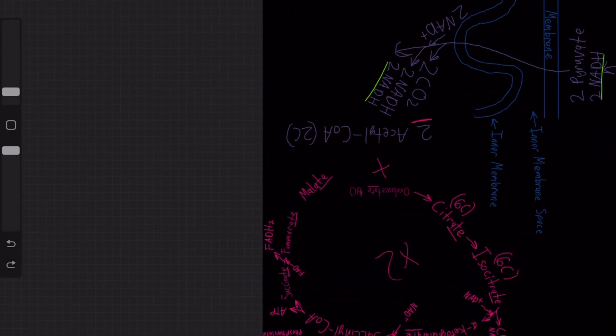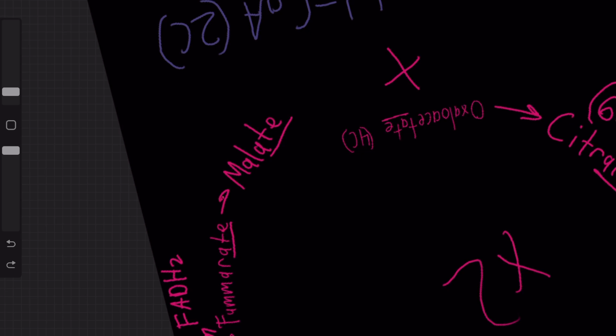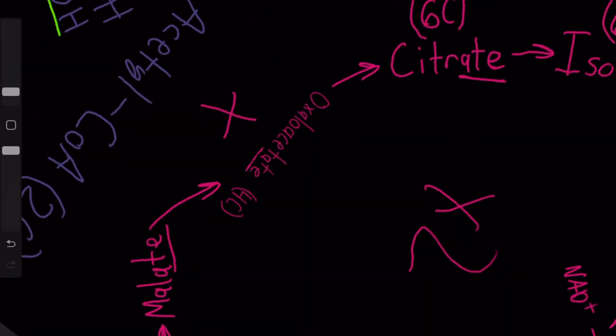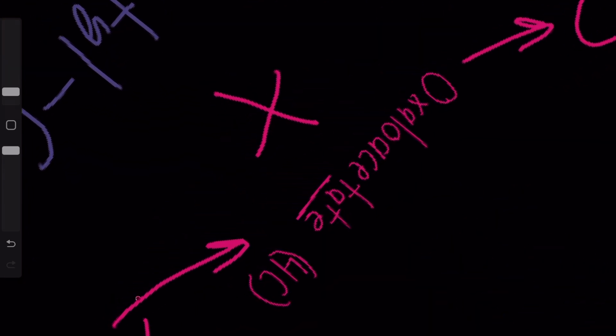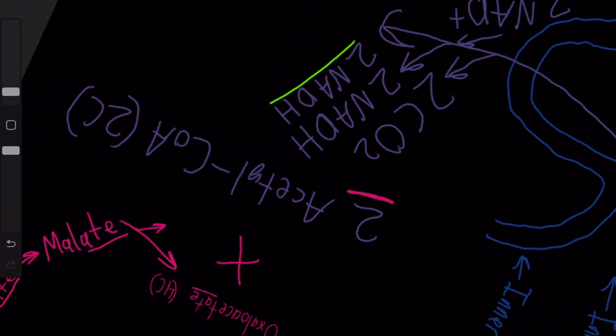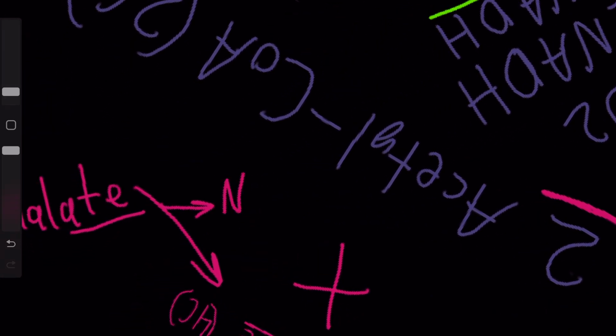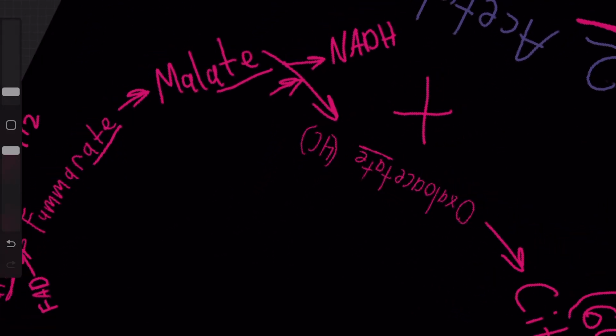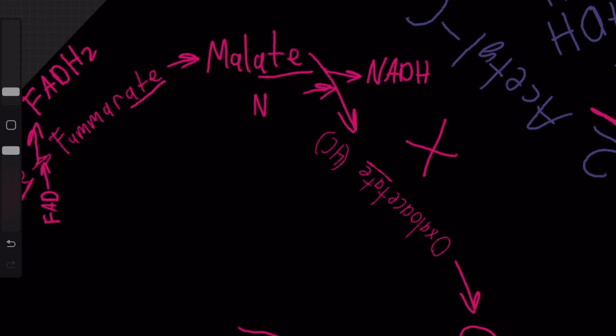Now, from fumarate to malate, nothing happens, but from malate back to oxaloacetate, we make another NADH. That means we used NAD+.